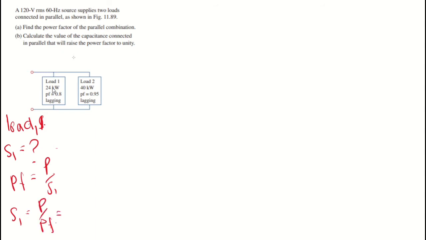P is already given here, 24 kilowatt, and PF is 0.8, and for this you will get 30 kVA.